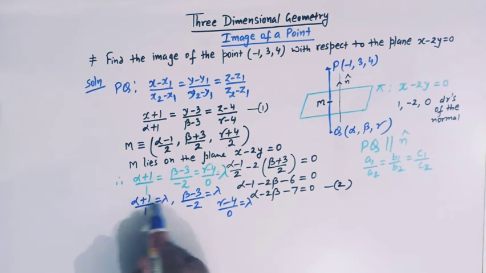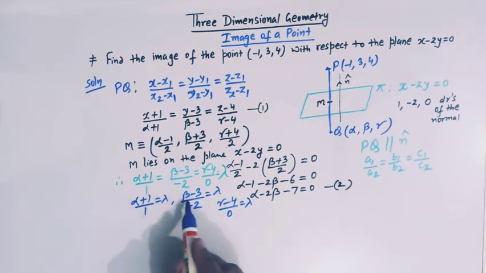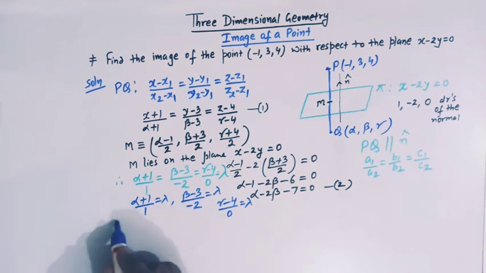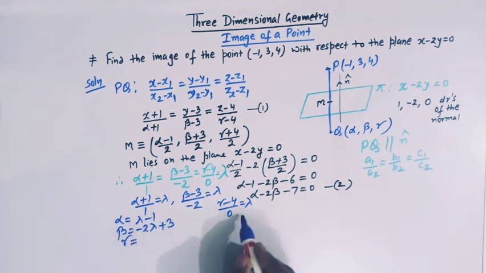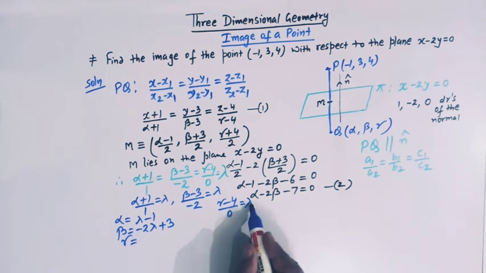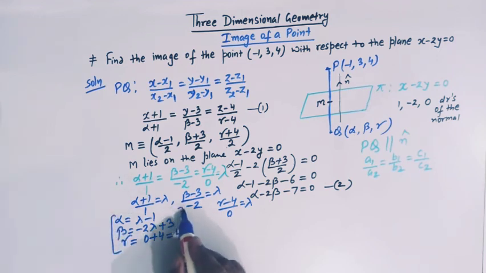If we solve these three equations for alpha, beta and gamma, then we get alpha is equal to lambda minus 1 and beta is equal to minus 2 lambda plus 3, and for gamma we can write 0 times lambda is 0, so we have 0 plus 4, and that is 4. So these are the values of alpha, beta and gamma in terms of lambda.